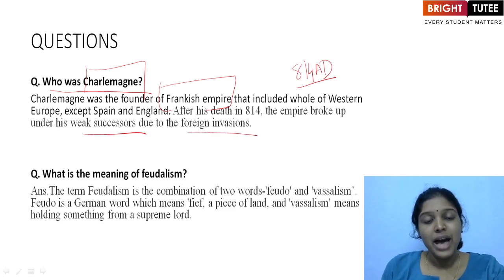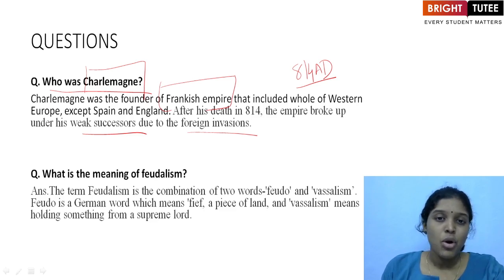And we saw, as a result of this weakening of this large empire and the collapse of the central government, how new forms of life and cultural practices emerged, giving birth to a feudal society.